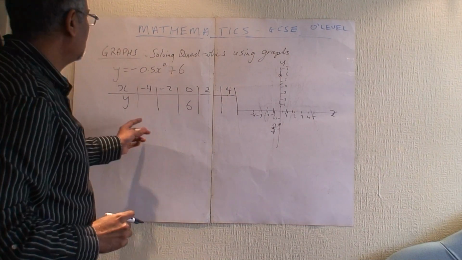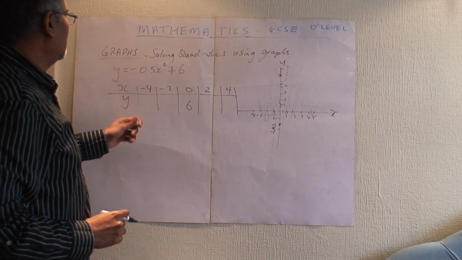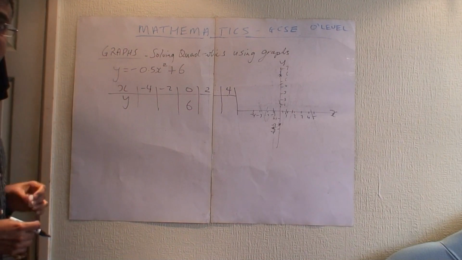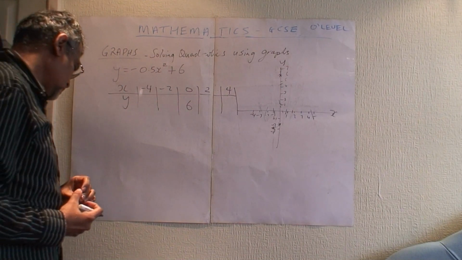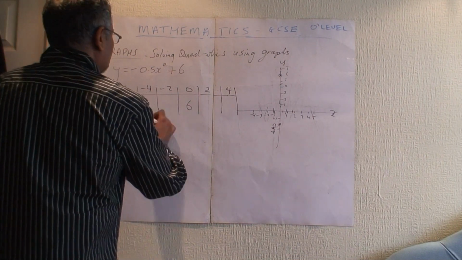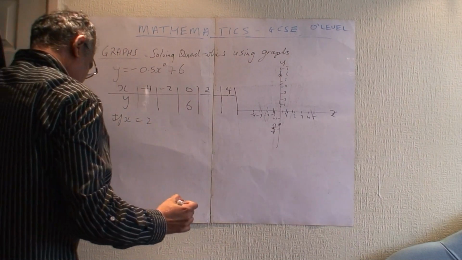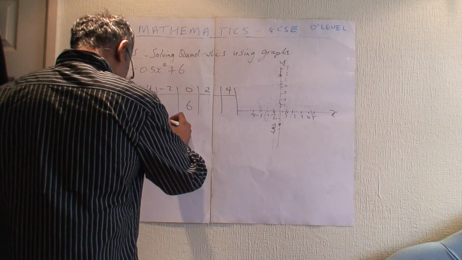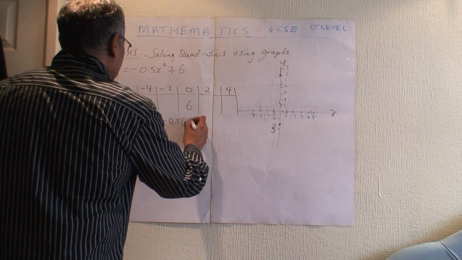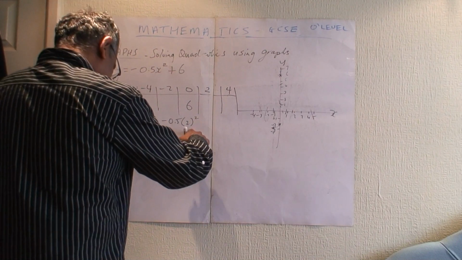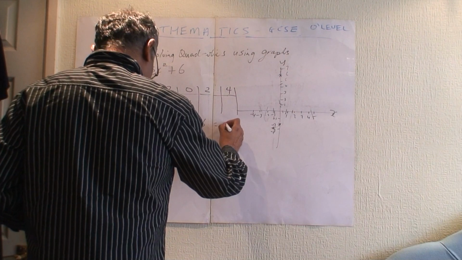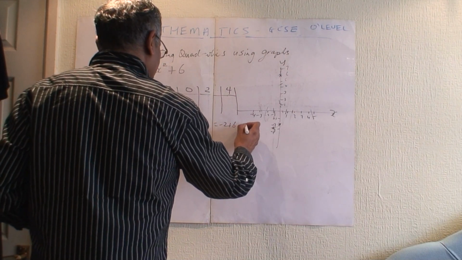We just solve it by substituting the x value into the expression, and then we can get the value of y. So if x is equal to 2, that is equal to minus 0.5 multiplied by 2 squared, plus 6. That's equal to minus 2 plus 6, which is equal to 4.